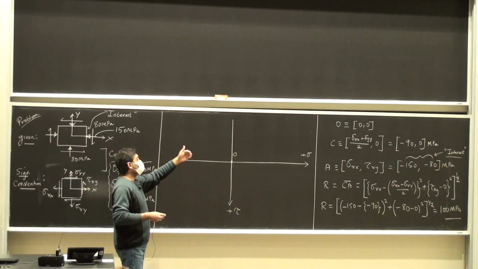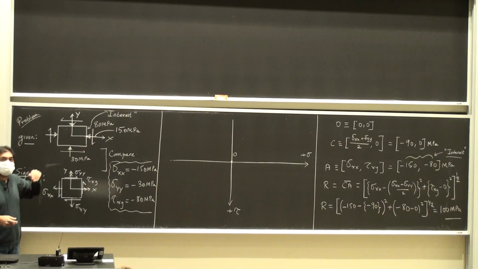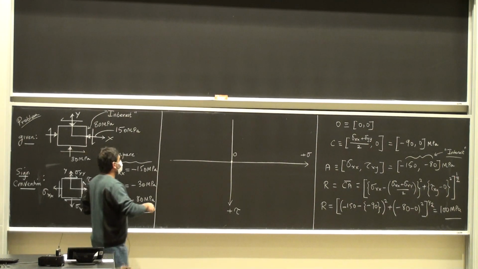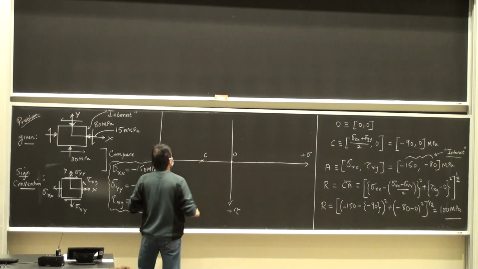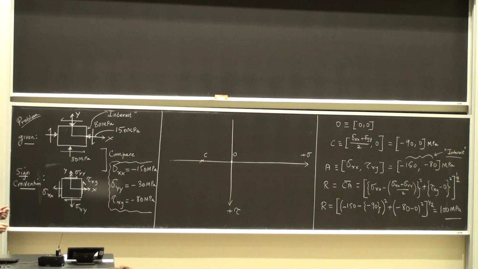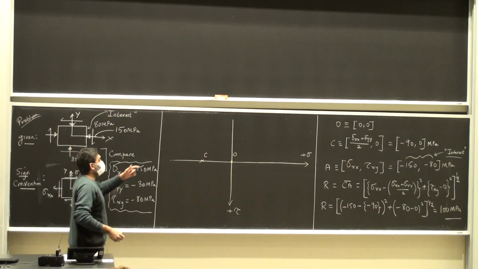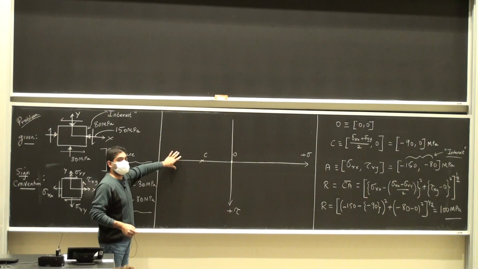Point C is a point on the left half plane of the sigma tau plane. Okay, it's on the left half. So let's say here is point C. Minus 90 and then 0. And then I have point A, which is going to be where? Look at point A. Minus 150, so it's obviously on the left half.